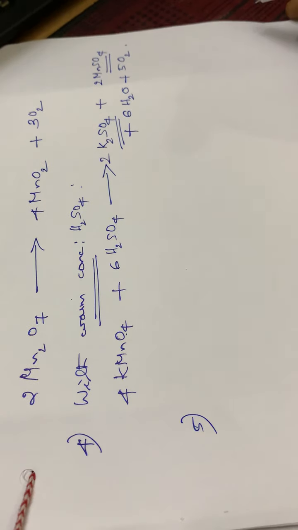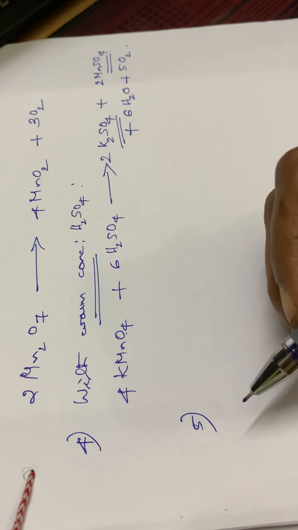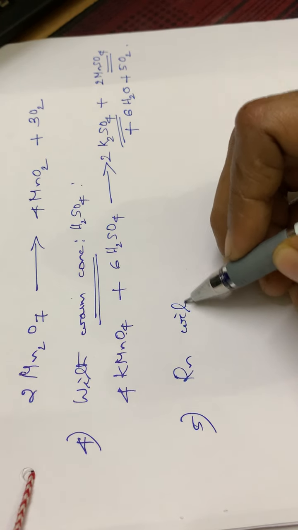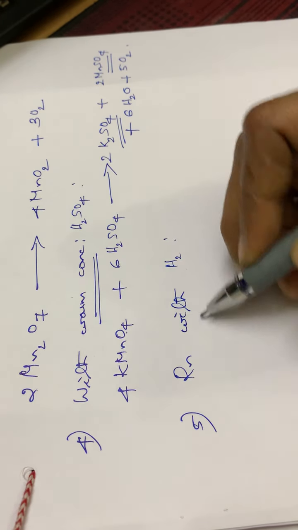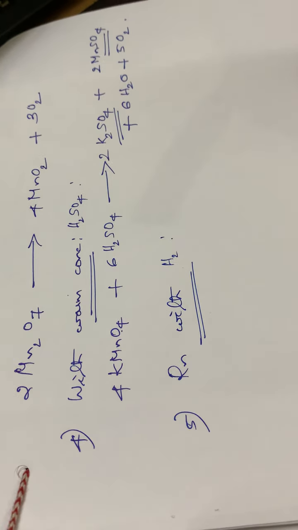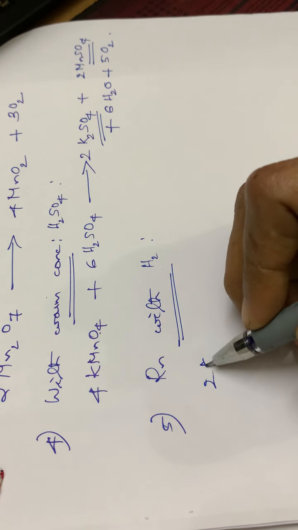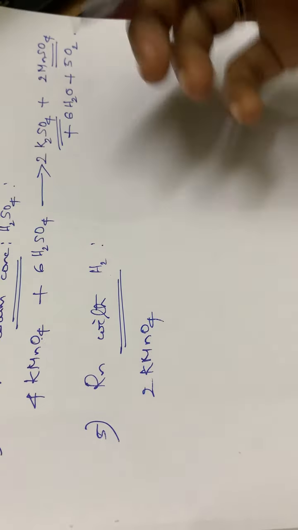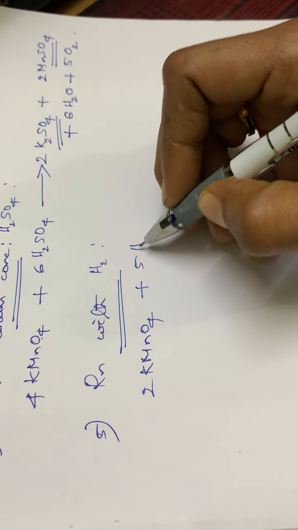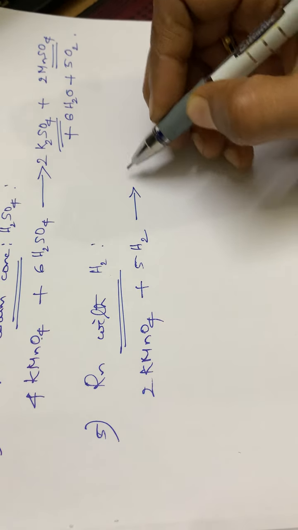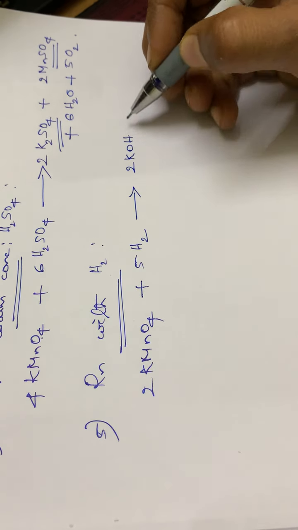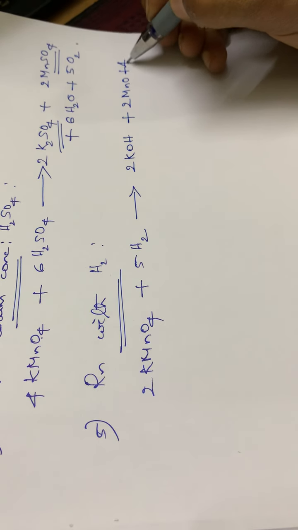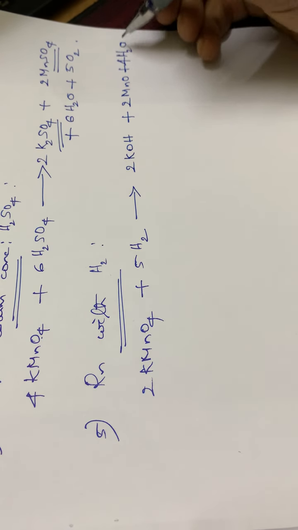Then the next one, the fifth reaction, is on heating with a current of hydrogen. 2 KMnO4 plus 5H2 giving 2 KOH, potassium hydroxide, plus 2 MnO, manganese oxide, plus 4H2O.